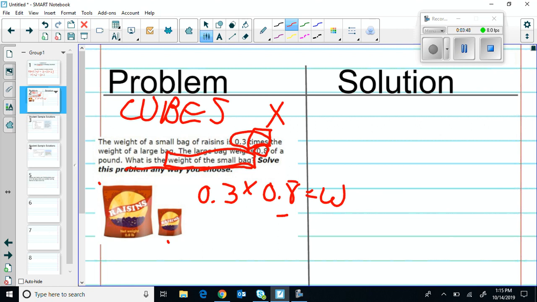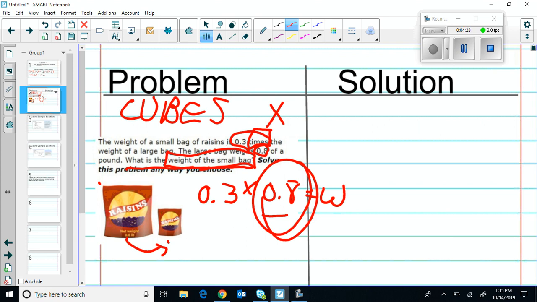So if the large bag weighs 8/10 of a pound and I'm multiplying it by 3/10, I am going to get an answer that's smaller than what I started with. Keep that in mind as you're multiplying. So we're going to get an answer that's less than 8/10 because the small bag would clearly weigh less than the large bag.